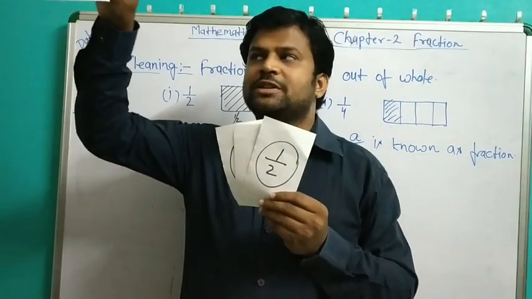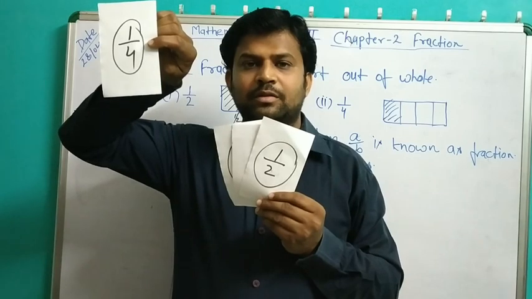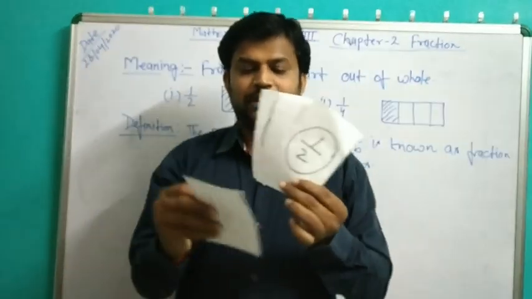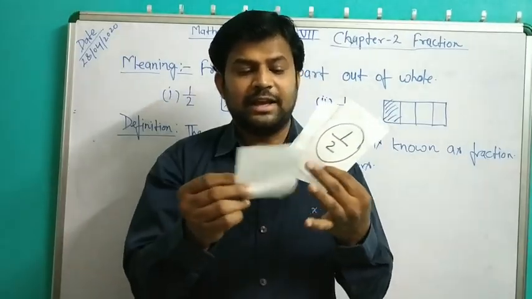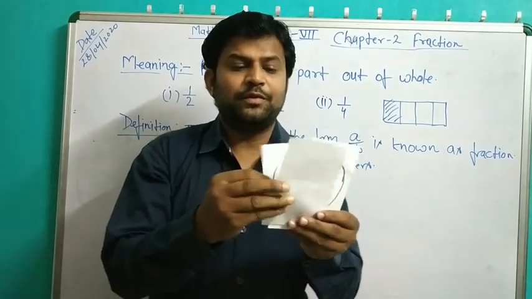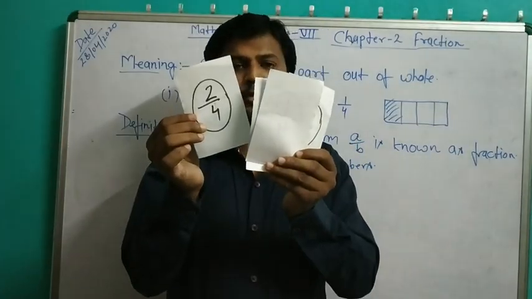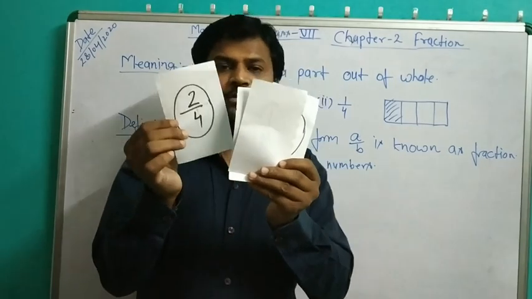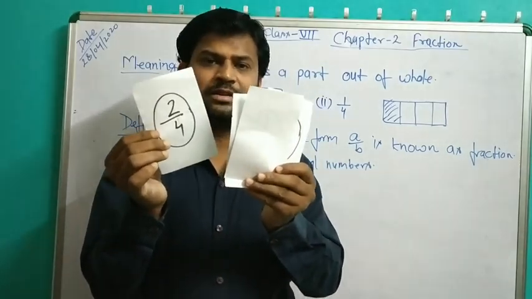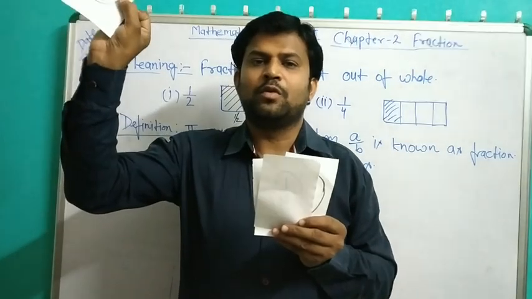It means the value of this part is 1 upon 4. And when we take this part, it is also one part out of four parts, because all parts are equal. This is also 1 upon 4.